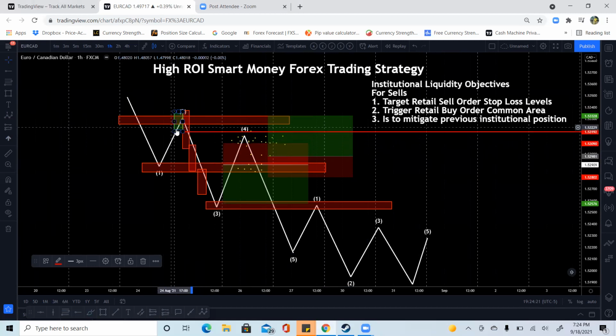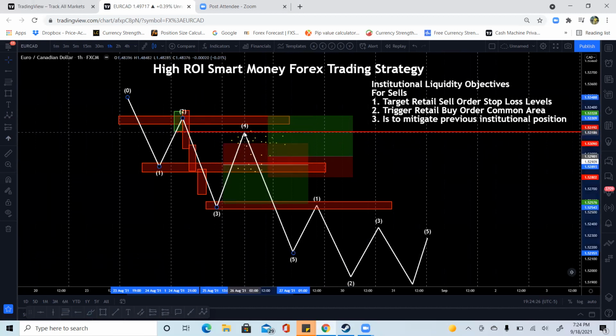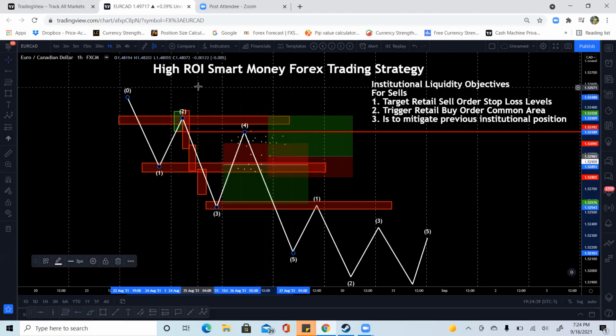So you have this buy trade here, you close it, and the market returns here, and the institutions close that order. That's also a sell. So they have a sell coming from here, and then they probably add to that sell with their own selling trade to move the market back down.